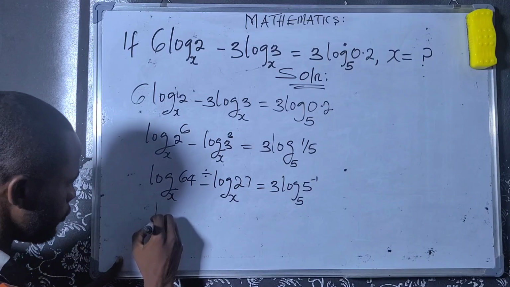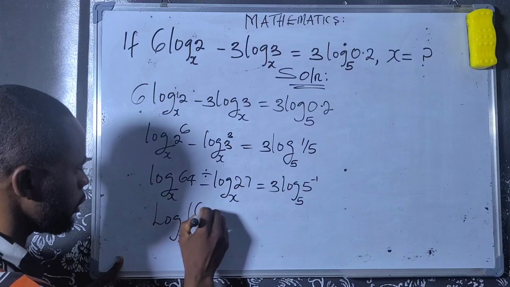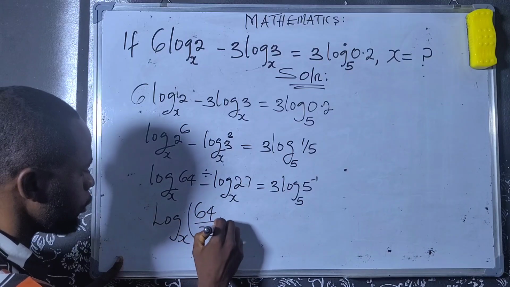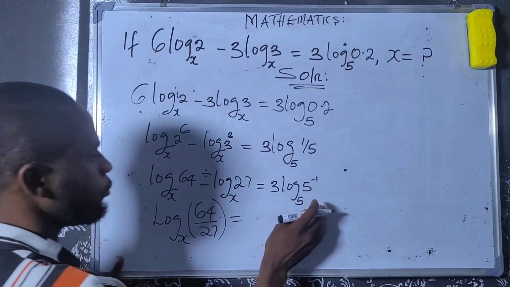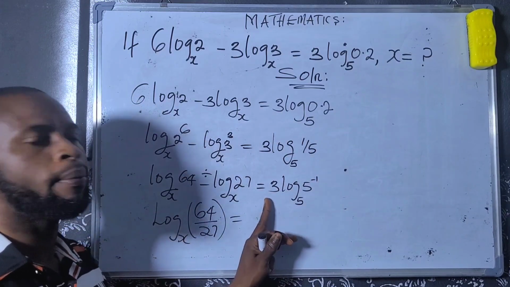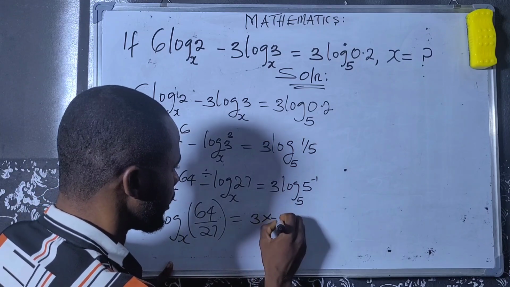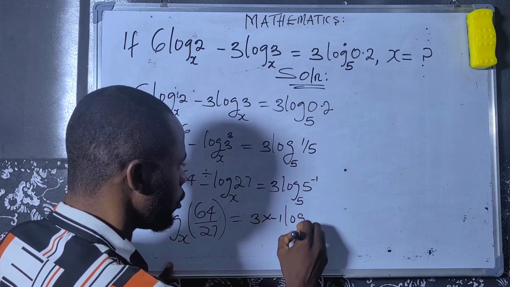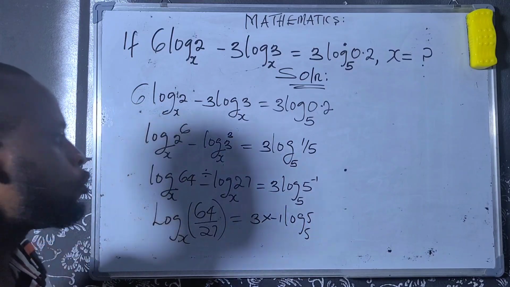Then we are going to have log to the base of x of 64 divided by 27 equals, here we are going to return this power of negative 1 to the back of the log, and that will give us 3 multiplied by negative 1, then log 5 to the base of 5. Then we move further.